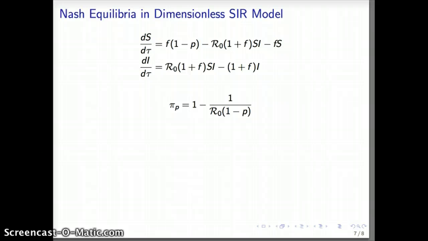Now let's remember the dimensionless SIR model. It has this form, and this model has this probability of infection at a level lowercase p. Remember that p is the vaccine coverage, right?